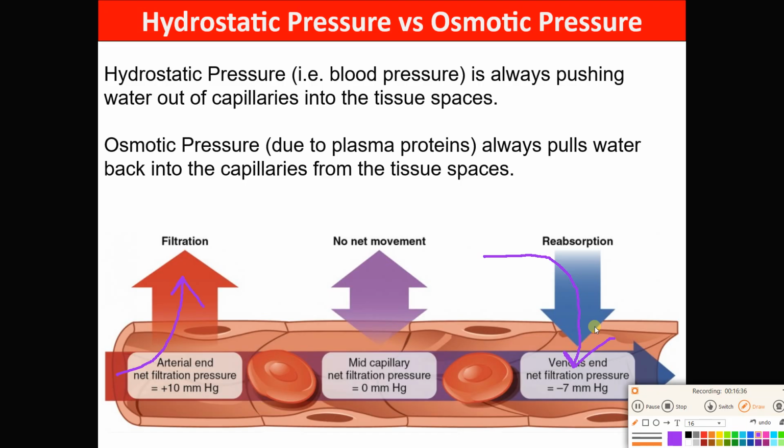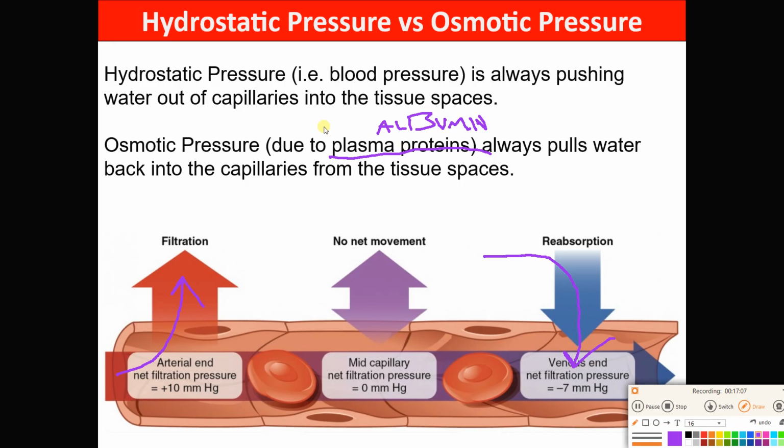So blood pressure pushes water out of blood vessels. Osmotic pressure pulls water back in, and that osmotic pressure is due to plasma proteins and primarily albumin, just because it is the most abundant.